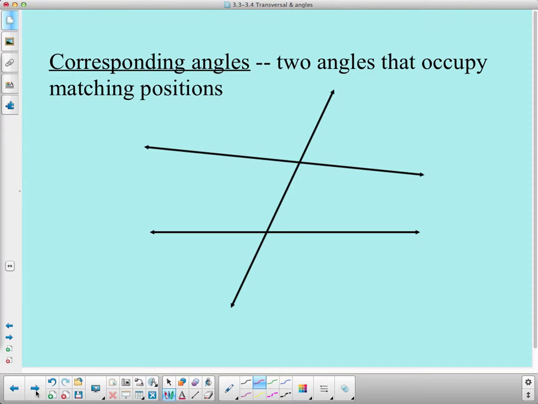So at this top intersection, I'll put an angle 1. I would describe at that intersection it's the upper left. So then at this bottom intersection, which is the upper left? This one? So angle 1 and angle 2 are corresponding angles.